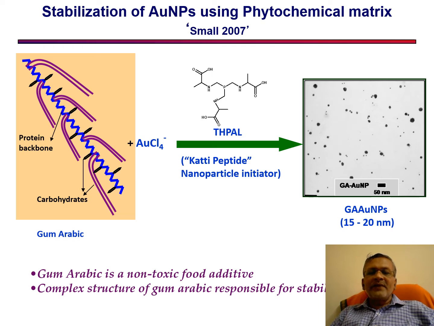In this way, we have reduced the gold nanoparticles, but in the nanometer scale they are hyperactive. Therefore, we should do capping to reduce the activity. Better is certain stabilizing agents like a phytochemical matrix, like proteins, which we coat onto the gold nanoparticles.